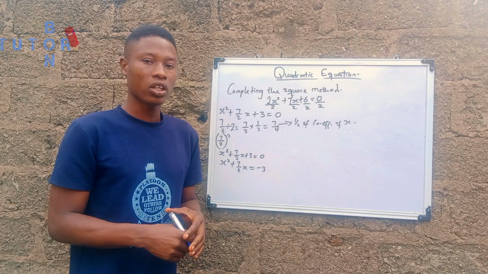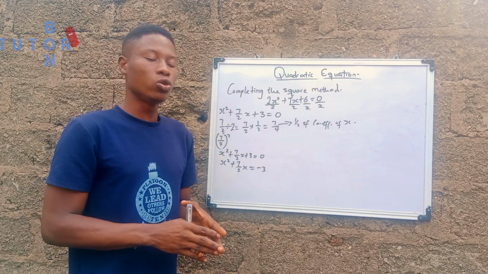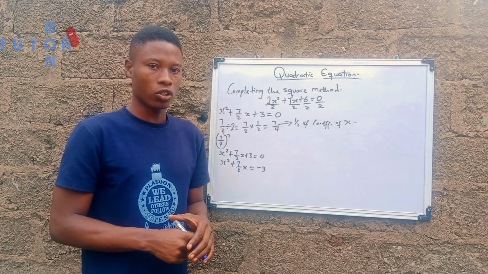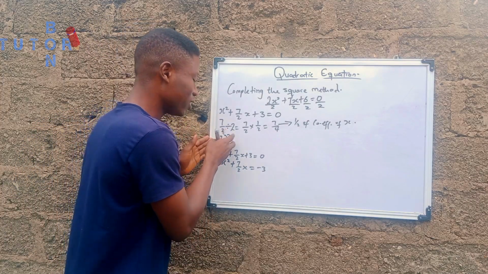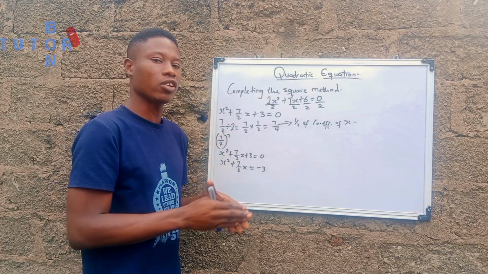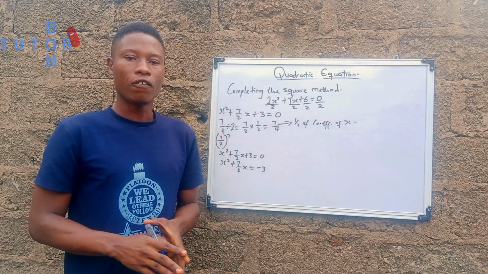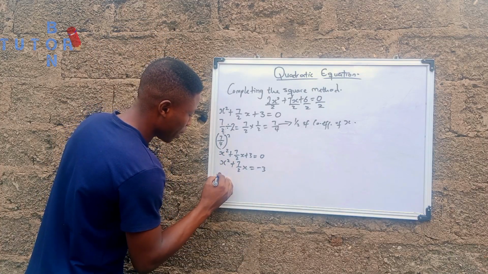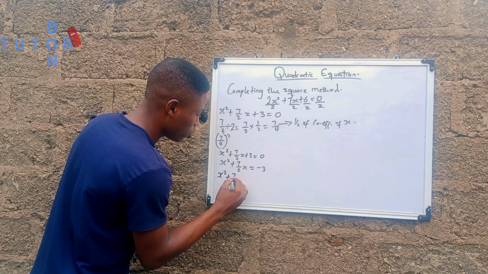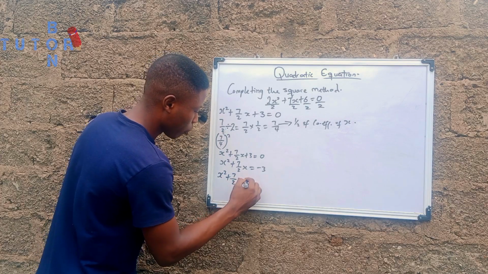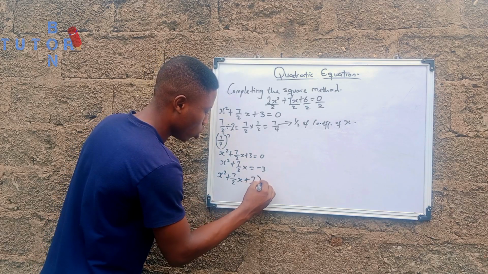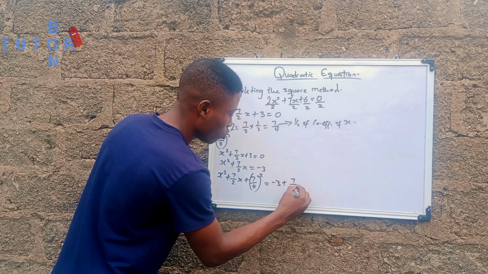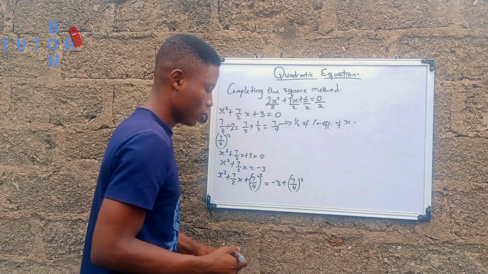So the next thing you do is add the square of half of the coefficient of x to both sides of the equation. By that, you will have x squared plus 7 over 2 x plus (7 over 4) squared equals minus 3 plus (7 over 4) squared.